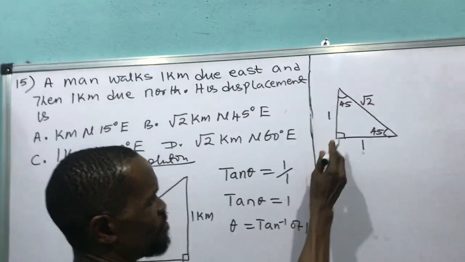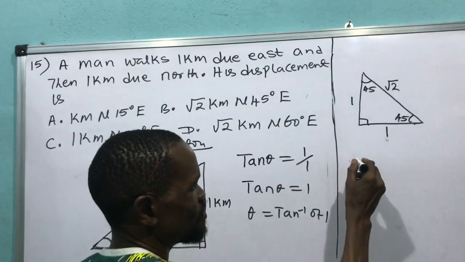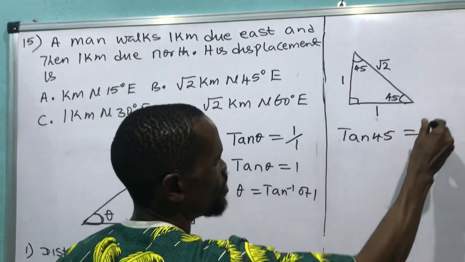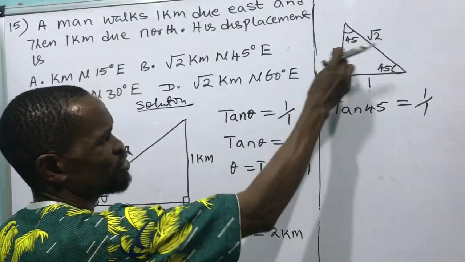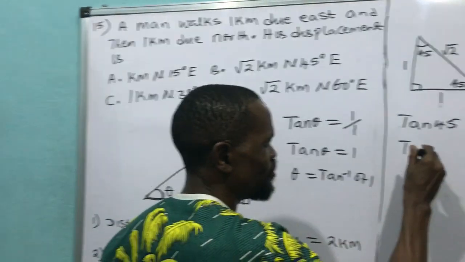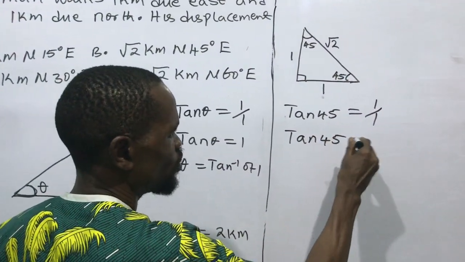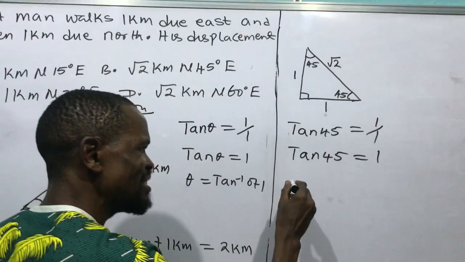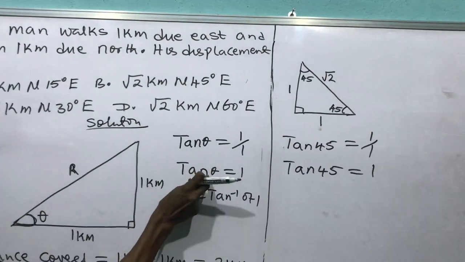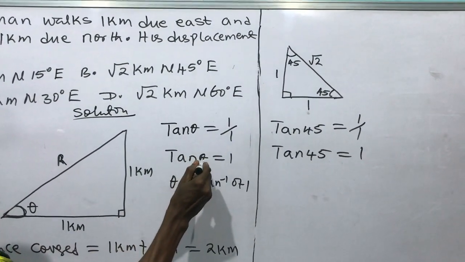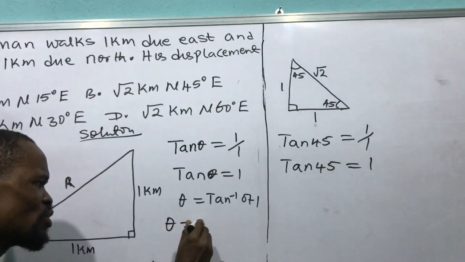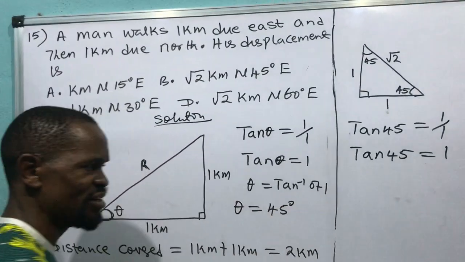Opposite over adjacent, tan 45, gives me 1 over 1, so tan 45 is equal to 1. Tan theta equals 1, meaning that theta is 45 degrees.